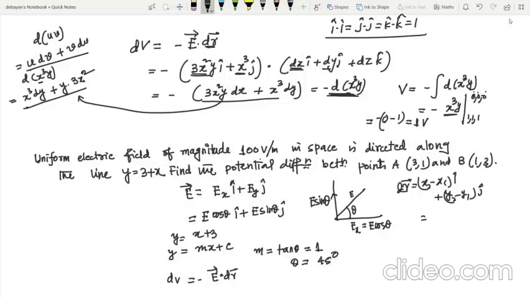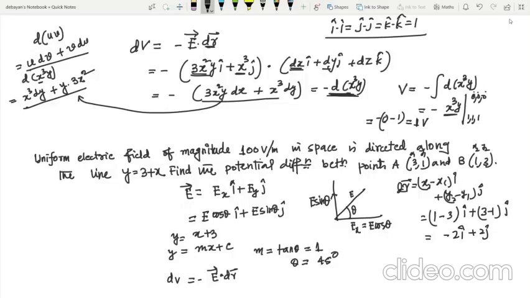So in that particular case, that is 1 minus 3, that is 3 j cap, and it will come out like that, minus 2 i cap plus 2 j cap.